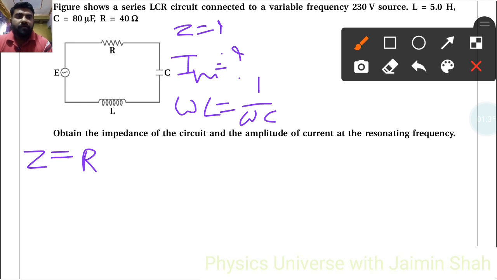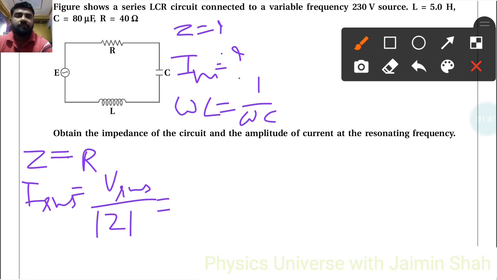Now for the amplitude of current, we know the formula IRMS is equal to VRMS upon mod Z. VRMS means Vm upon root 2, so simply IRMS is equal to Vm upon root 2 into R.